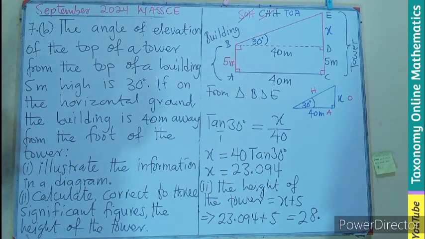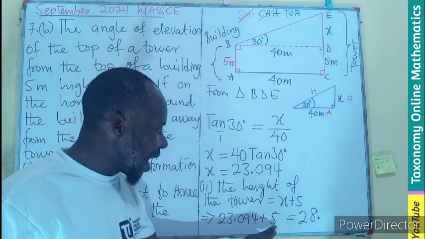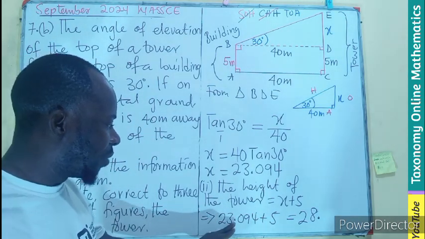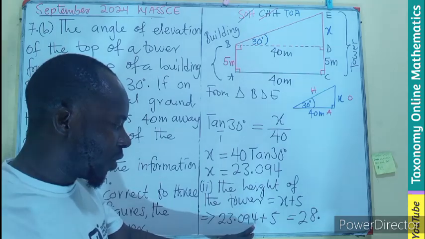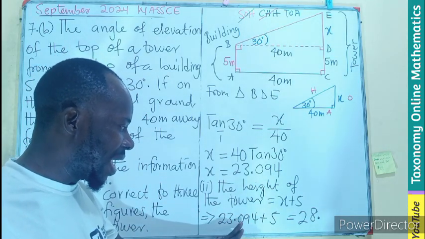Let me write the answer in the required form at once. We don't have space, so we have to write in 3 significant figures. So if we add 5 to this, it will be 28.014.